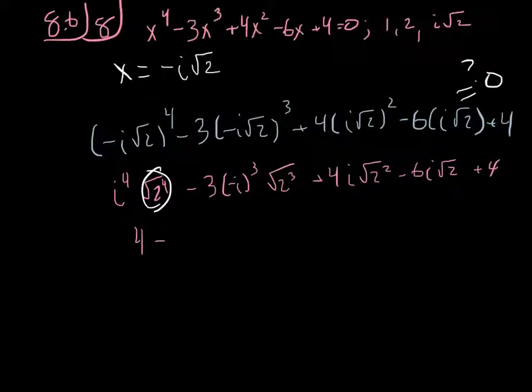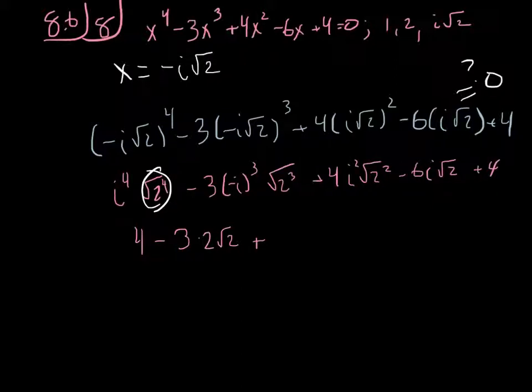Okay, -i cubed. Okay, i squared is -1, so -i cubed is negative i, so positive i. Okay, so that's just minus 3, and then that is times 2 root 2. I forgot the squared there.